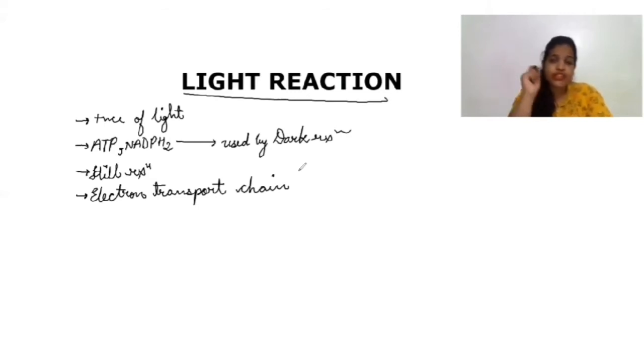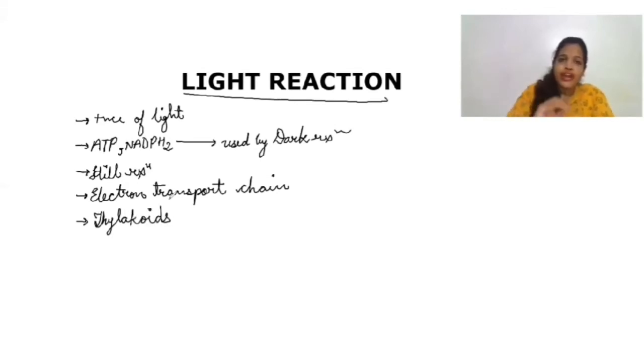Here, what happens? What is the site? So guys, specific structures are present in the chloroplast. Specific structures which are named as thylakoids. Thylakoids are present in the chloroplast in which this light reaction is going to occur. I'll explain to you where these thylakoids are found and everything.